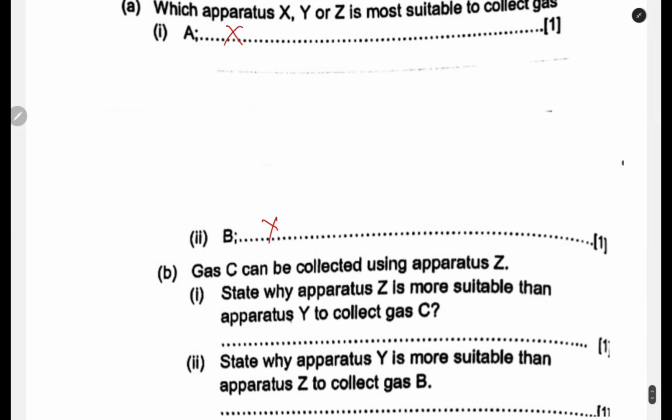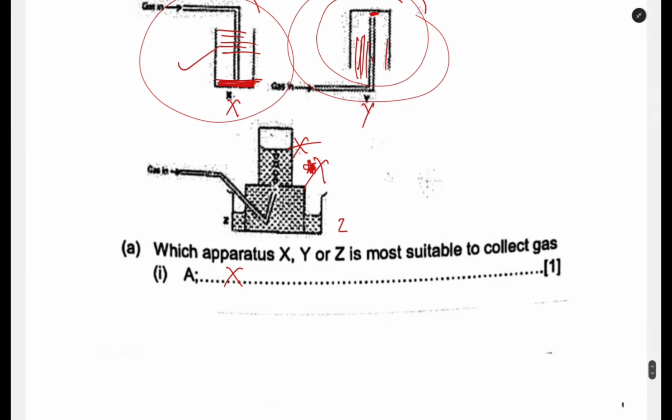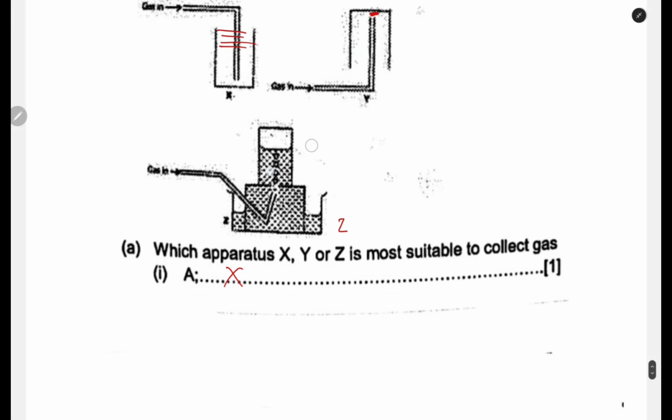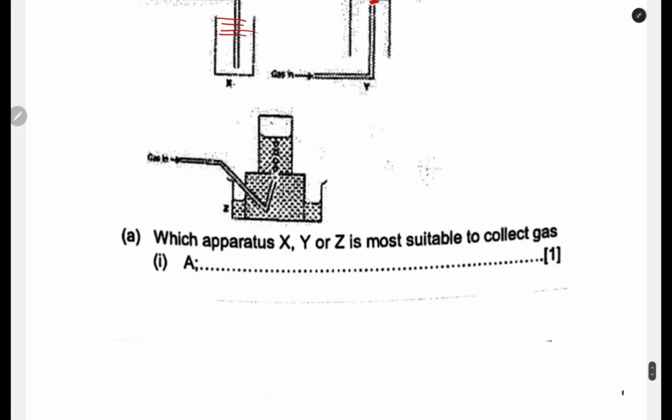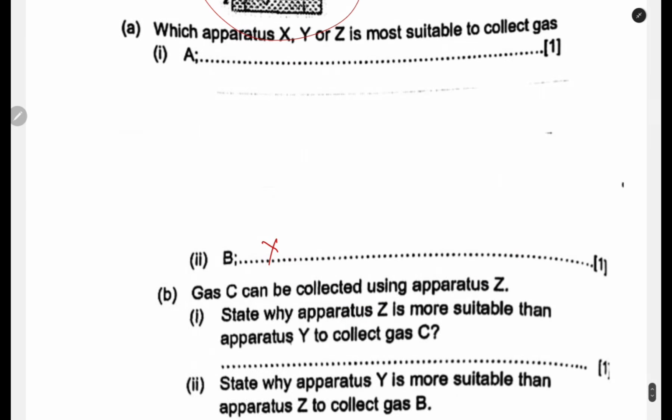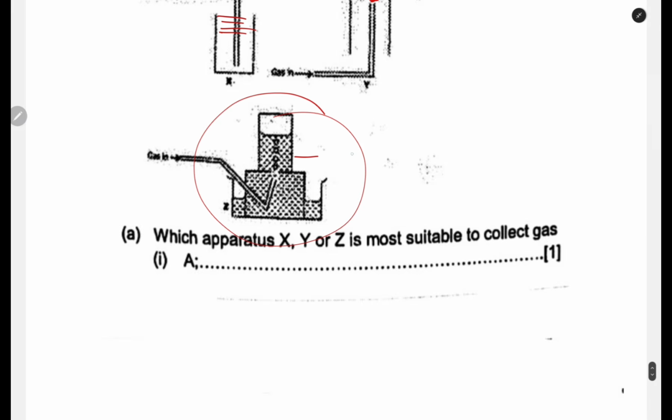Gas C can be collected using apparatus Z. State why apparatus Z is more suitable than apparatus Y to collect gas C. Z is right here, which requires the displacement of water, and only gases that are slightly soluble or not soluble in water can be collected by this method.